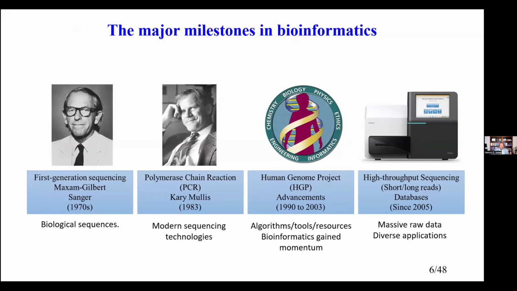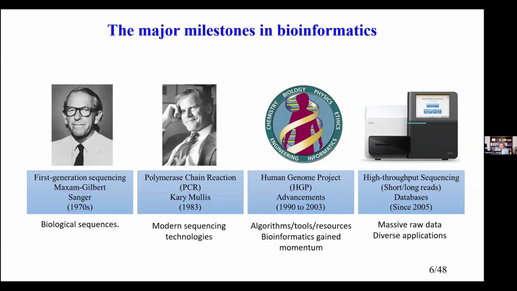And after that, in 1983, the discovery of PCR, or polymerase chain reaction, which we still use to amplify a piece of DNA or gene, but it's also used in sequencing. So it also contributes to molecular biology, and now we are using this discovery in many fields and many technologies, in sequencing and other applications as well.